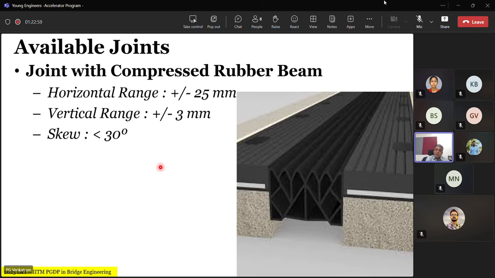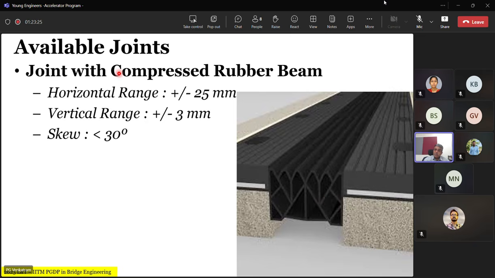Then for larger movement, we can also have a compression seal of larger size. If you look at it, this has a compartmentalized elastomer. It is shaped, and whatever the gap is, you produce a bigger one, squeeze it and keep it, and you have a bonding agent at the two faces so that it doesn't slip down.